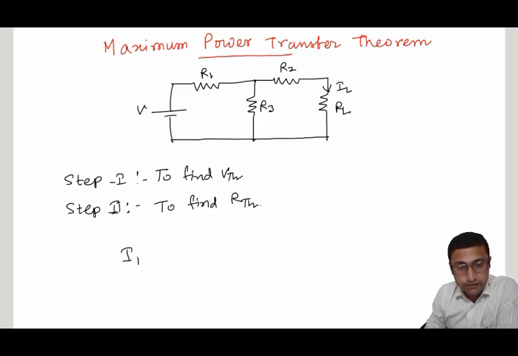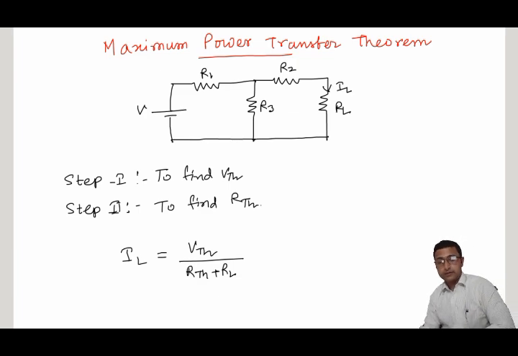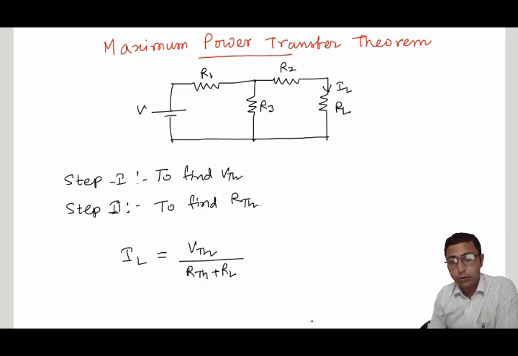So that expression is also same, that is VTH by RTH plus RL. Okay, this is the expression of load current. And what will be the power?